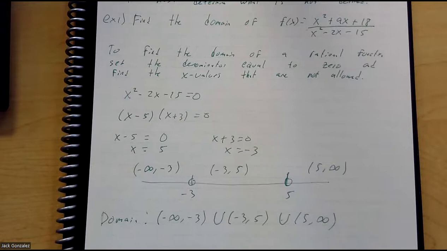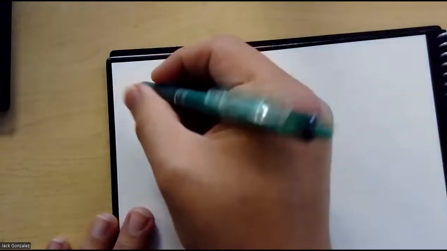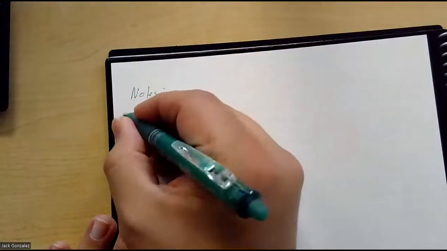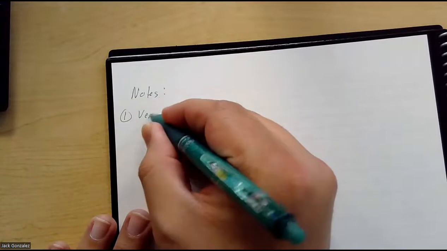Okay, so let me give you a bunch of notes. Number 1, vertical asymptotes.